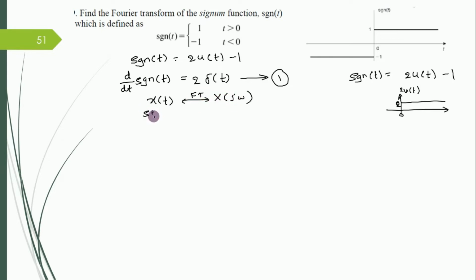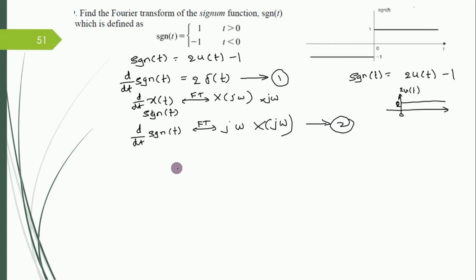Now x of t is the Signum function here. So d by dt of the Signum function, its Fourier transform pair, if it is d by dt of x of t, we would have written j omega into X of j omega. That's the differentiation property. So I write j omega X of j omega as the answer. This is the differentiation, and I name it equation 2.